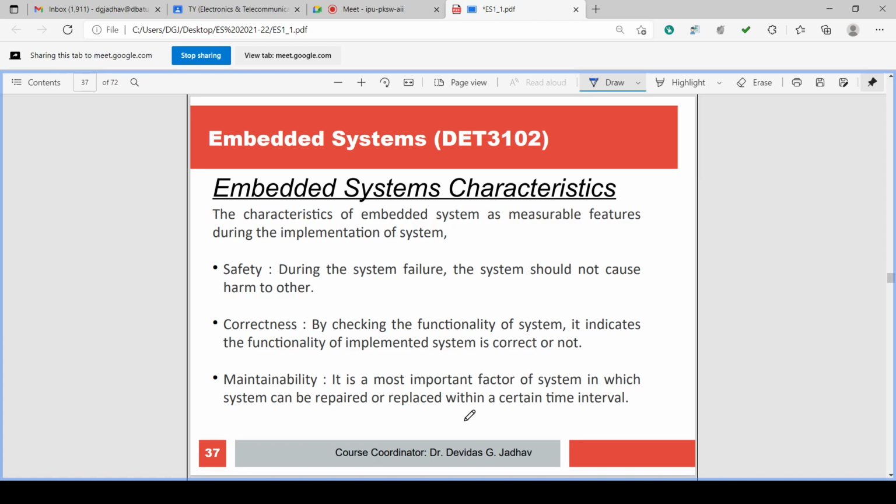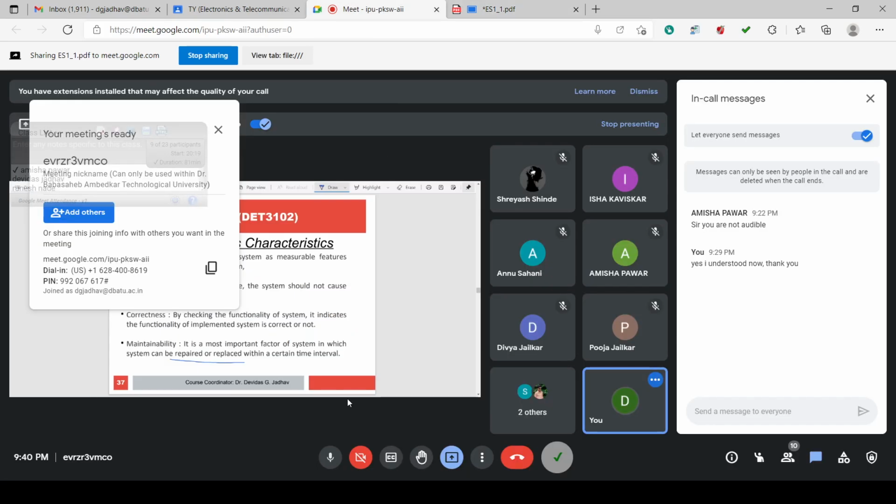Maintainability is the most important factor of the system, in which the system can be repaired or replaced within a certain time interval.